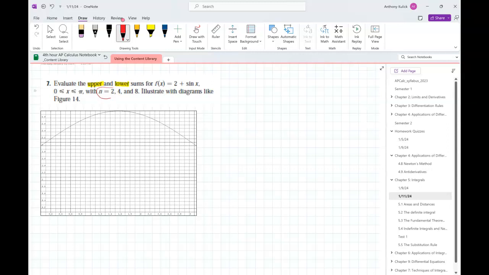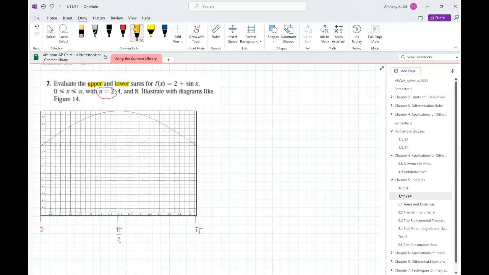So if I'm doing this from n equals 2, we have 0, we have pi, and then pi over 2 would be my second interval, right?